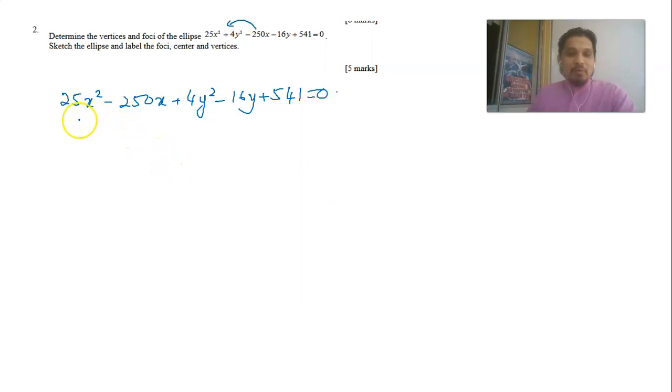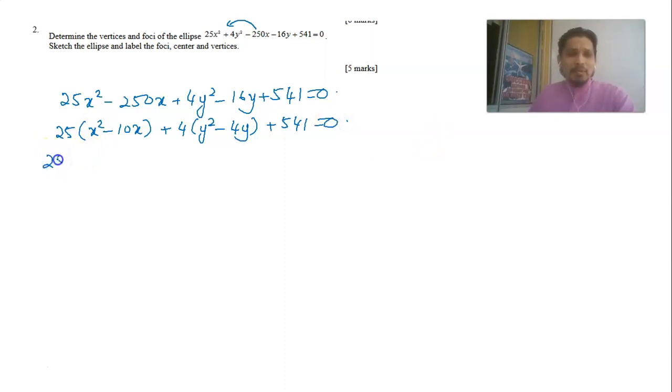So before we begin with completing the square, we must make sure that the coefficient of x squared equals 1. So then what we can do here now is factorize: 25x squared minus 10x, plus also this for the y here, 4y squared minus 4y, plus 541 equal to 0.